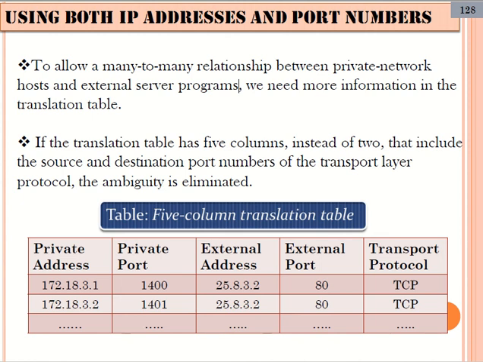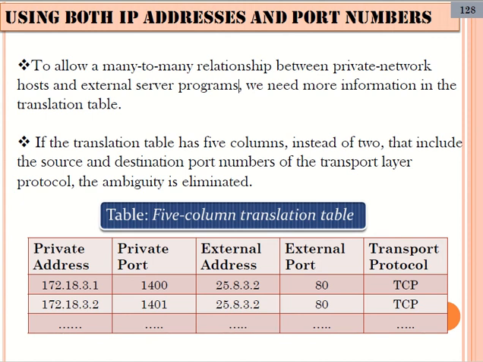Before I end module number 3, I wish to give two assignments. The first question is, you need to explain the working of NAT with the help of an address translation table, and the second one is the difference between a datagram network and a virtual circuit network.